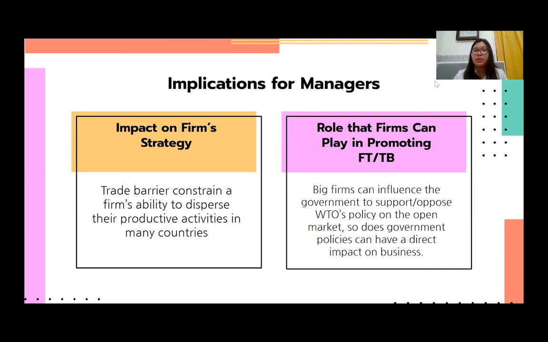And in order to obey local content regulation, firms have to locate more production activities in a given market. Even with no trade barriers, firms still want to locate some production activities in some countries just to anticipate the threat of trade barriers being imposed in the future.